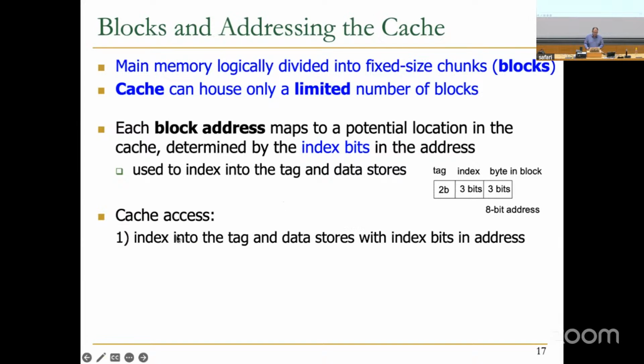So when you have a cache access, to summarize, you index into the tag and data store with the index bits in the address. Then we check the valid bit in the tag store because we want to make sure that entry is valid. The valid bit is there just to specify whether this block is empty or not. In the beginning, your cache is completely empty, so all valid bits are reset.